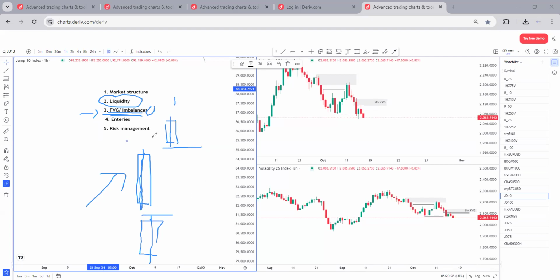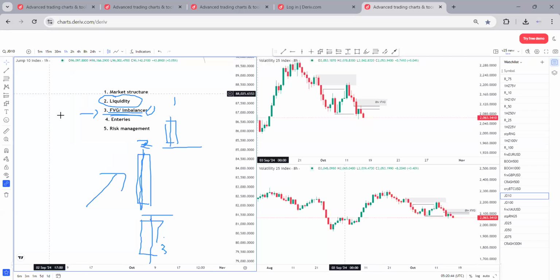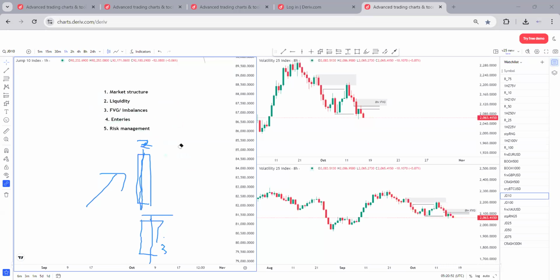So this is your candle 1, candle 2, and candle 3. As price was moving, let's say in a bullish scenario, it left traces of imbalances behind, and price later on will come back to these zones to rebalance the zone before continuing its movement.